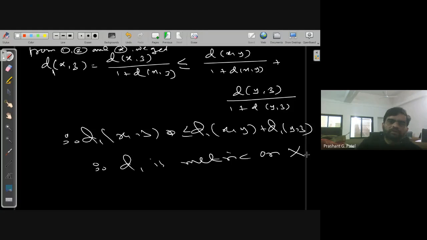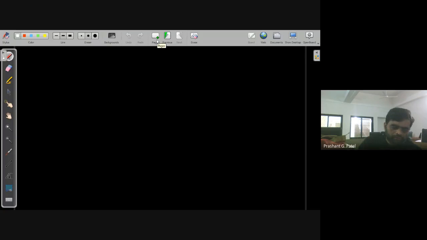So ultimately, what is the objective? If you have any metric on X, using that you can define another metric on that space. This is the idea. The last example I am giving you as homework: X is R and d is defined as mod of x minus 3y for all x, y belonging to R. Is this d a metric on R?